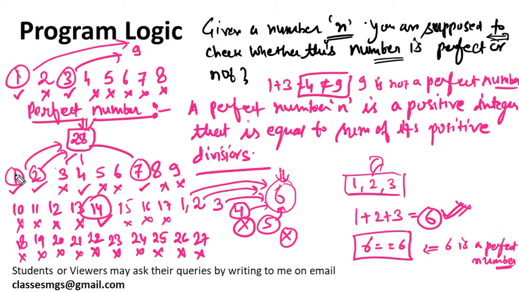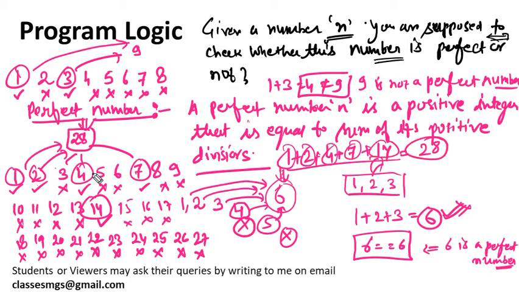So what are the numbers that are dividing? 1 plus 2 plus 4 plus 7 plus 14. We need to add all those numbers, nothing left. What is the sum? 7 and 4, 11. 11 and 2, 13. 13 and 1, 14. 14 plus 14, 28.